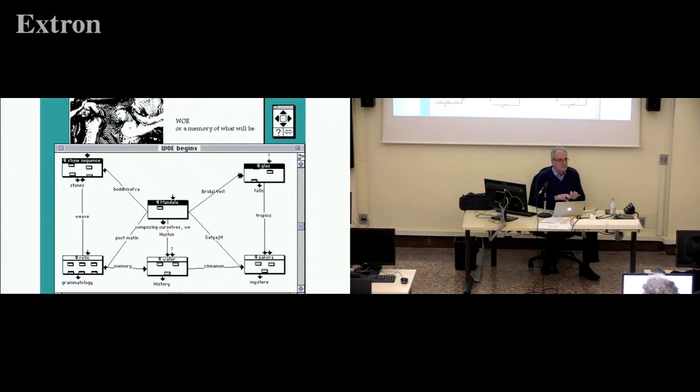Each box contains other boxes, and each box contains strings of text, and strings of text that are linked to other strings of text. So this very simple, almost rudimentary interface was the way this writing space was configured. You could think of Chinese boxes.